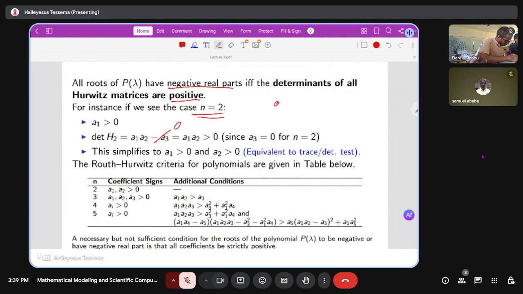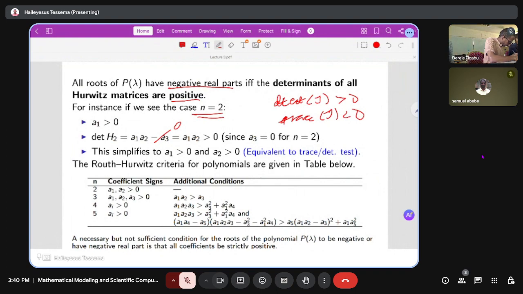For a 2 by 2 matrix, if the determinant of the Jacobian matrix is greater than 0 and the trace of J is less than 0, then we can say that it is a stable equilibrium point.